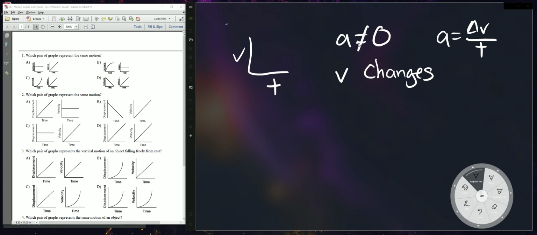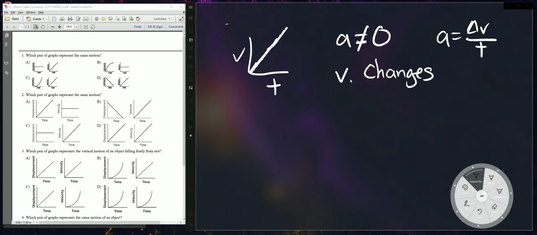So if we do have an acceleration, we know our v changes. You're going to have a changing velocity. The other two graphs, we never really covered curves on a VT graph. And because we never covered curves on a VT graph, you can assume that those probably aren't the correct choices. So you're picking either A or B.